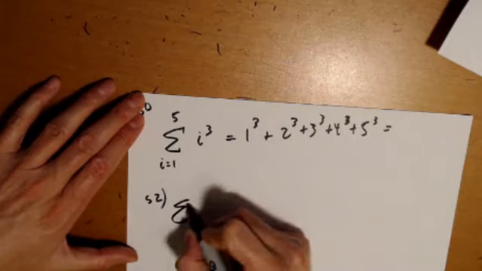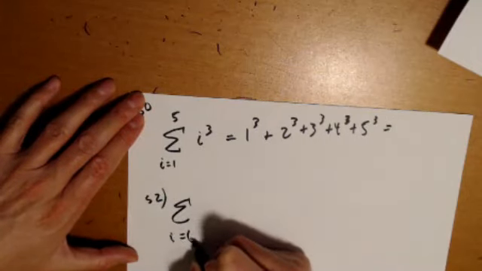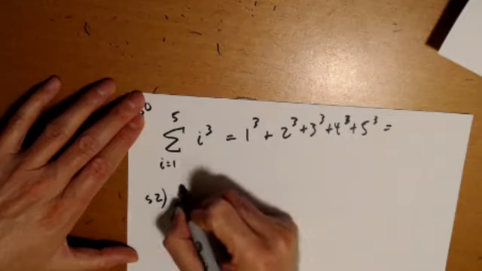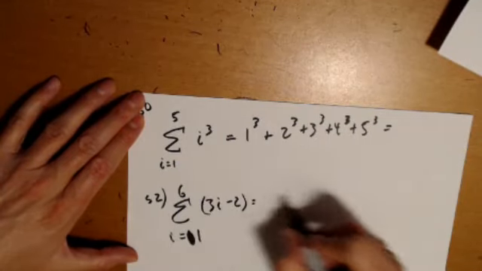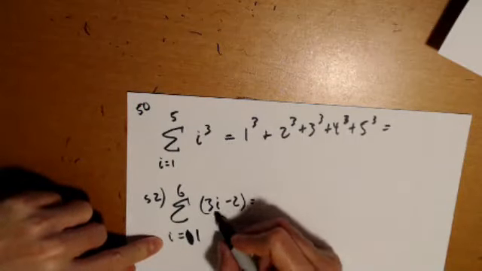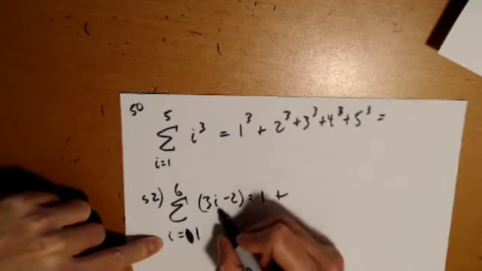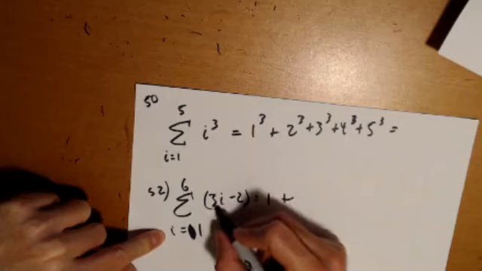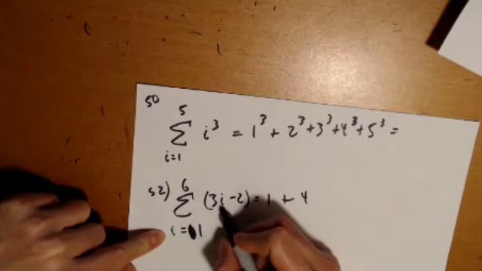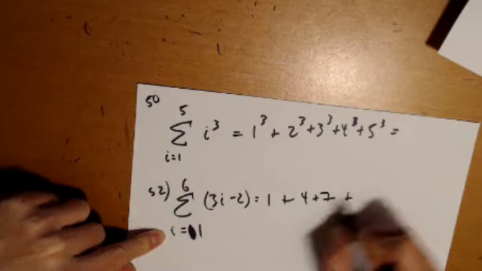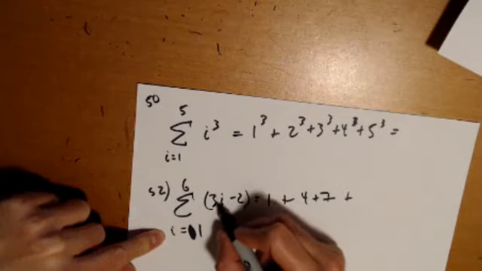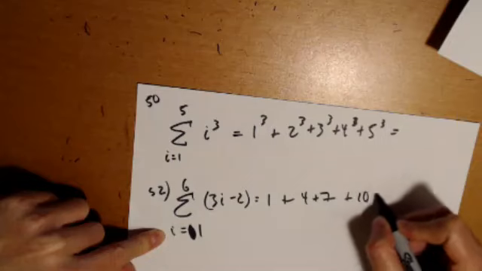52, summation of i equal 1 to 6 of 3i minus 2. So plug in 1. 3 minus 2 is 1. Plug in 2. 6 minus 2 is 4. Plug in 3. 9 minus 2 is 7. Plug in 4. 3 times 4 is 12, 12 minus 2 is 10.